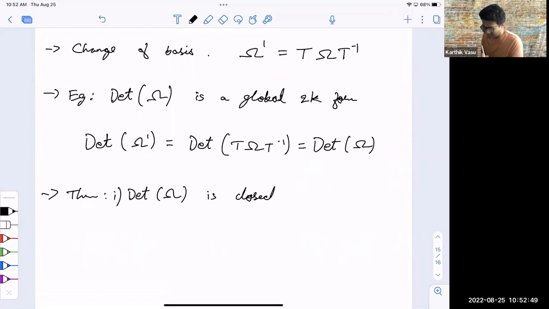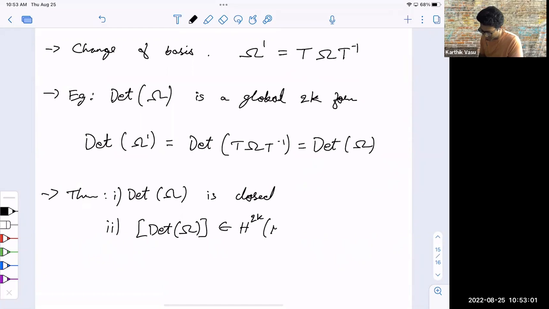That is one. So this will give a cohomology class belonging to H2K of M in the base. This is independent of the connection.